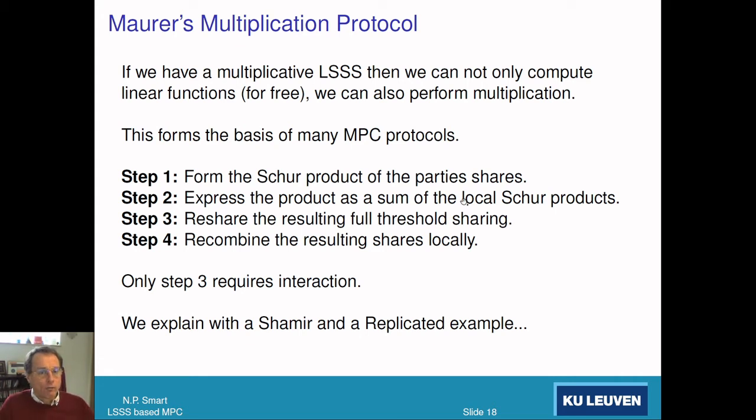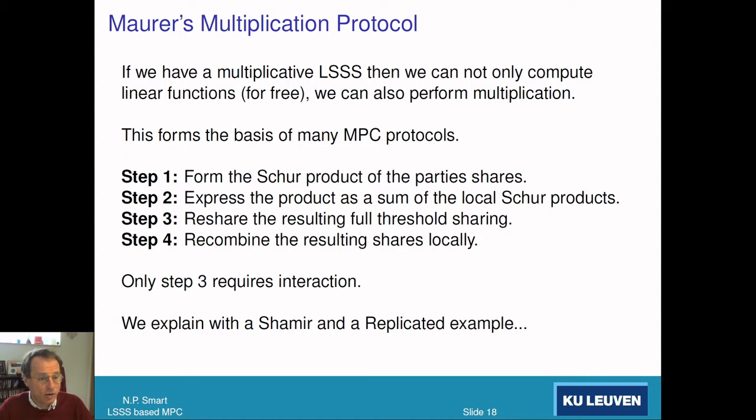And then each party reshares its bit of the local sum, and then they finally recombine them together. The point is that steps 3 and 4 are effectively evaluation of a linear function, which we can do for free because it's a linear secret sharing scheme. And the product can be formed and it gives us what we want because we've got a multiplicative linear secret sharing scheme. The only downside is it requires interaction.